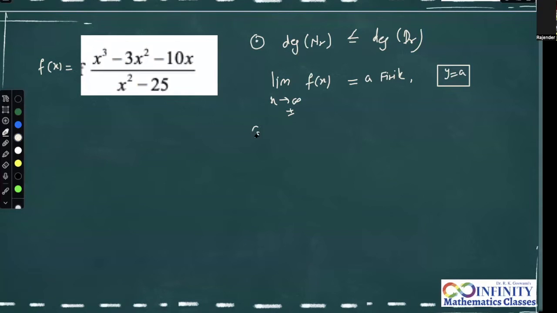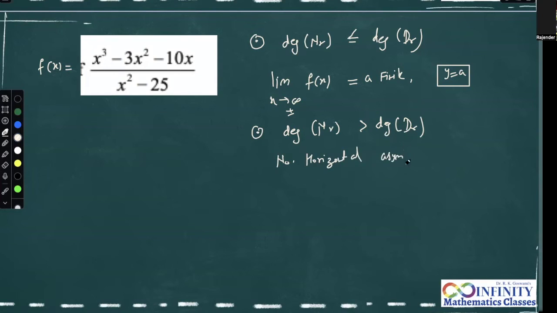Whenever the degree of the numerator is bigger than the degree of the denominator, there is no horizontal asymptote.